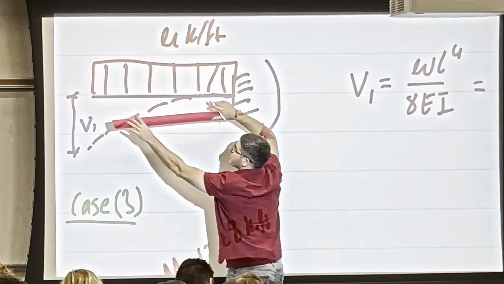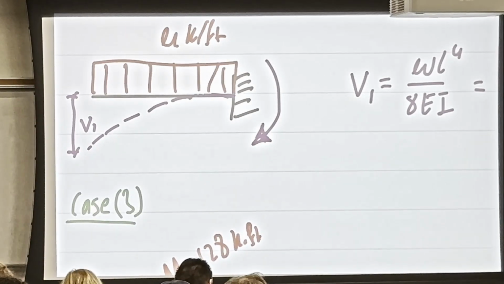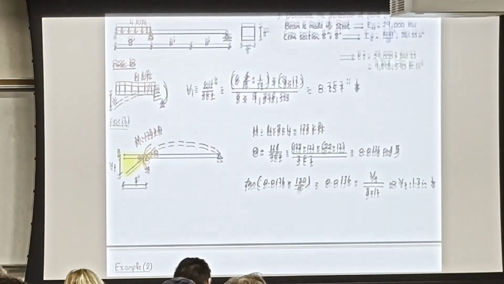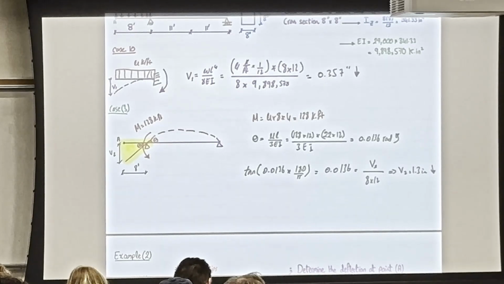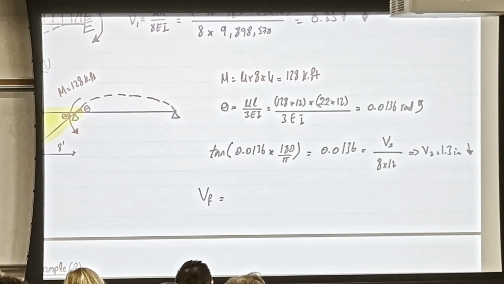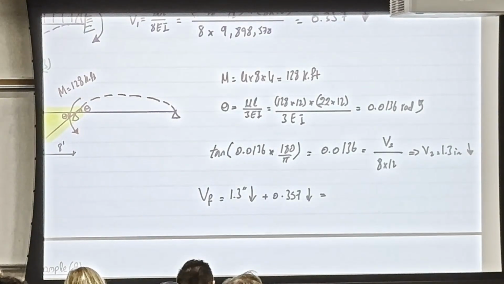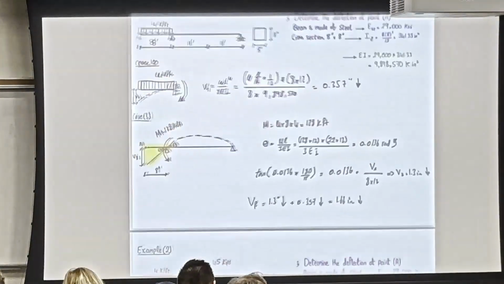But if I allowed rotation, it's going to go down. So I'm going to add both of them, and this will be the final deflection. It will be 1.3 inches, and it was pointing down, plus 0.357, and it's pointing down. And the solution here is going to be 1.66 inches, and it's pointing down.